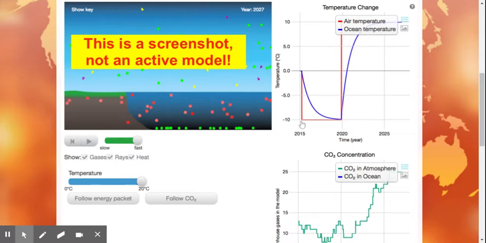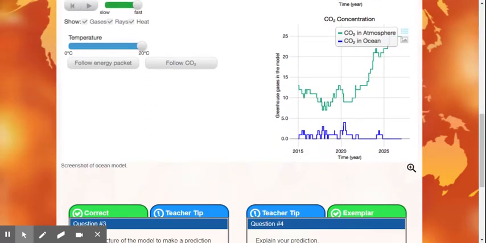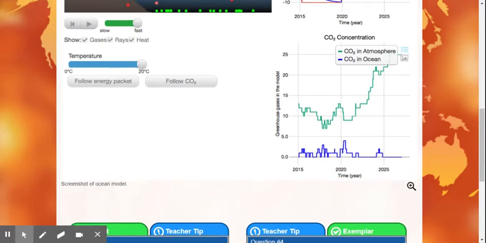We dropped the temperature, then raised it. You can see the corresponding blue line, which is the ocean temperature. It takes a little while for the ocean to warm up and cool off. It has what's called a latent heat, which means it takes a lot of energy to warm and cool the molecules of water.